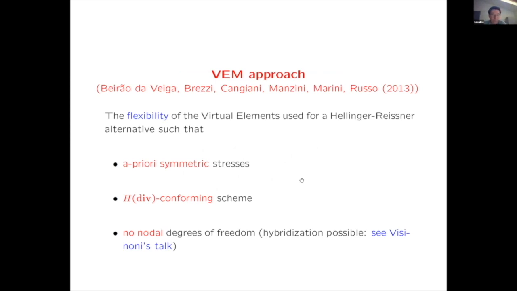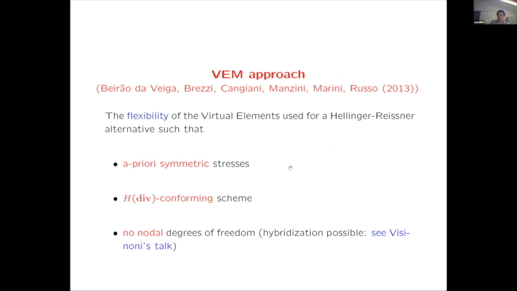for the elasticity. And more precisely, the idea is to try to exploit the flexibility of the virtual elements in order to design something for which the stresses are ab initio symmetric.